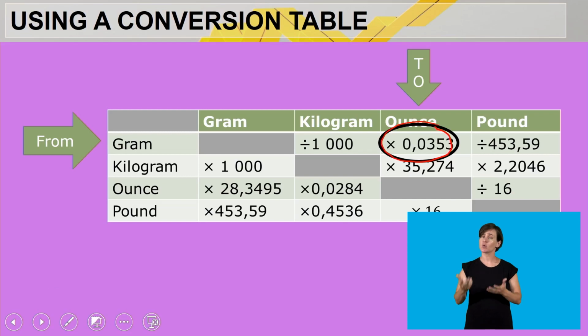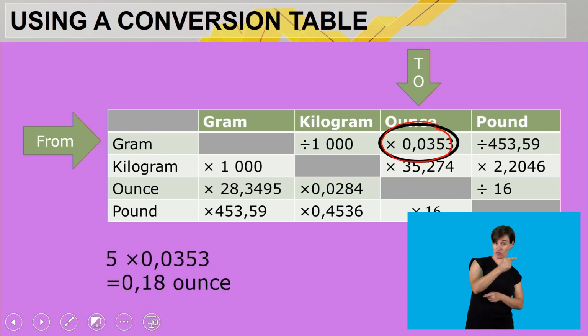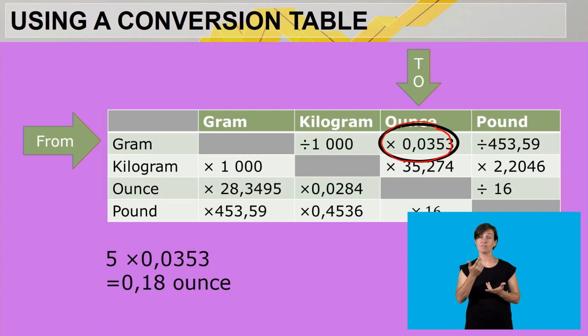We need to convert 5 grams to ounces, meaning 5 times the conversion factor 0.0353, and then that will be 0.18 ounce. So you will see that 5 grams is 0.18 ounce.